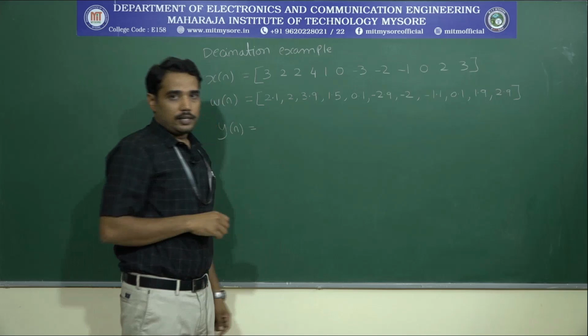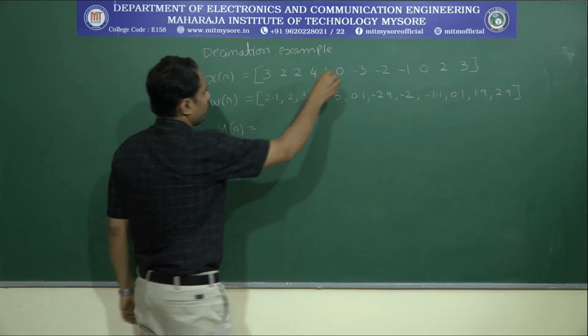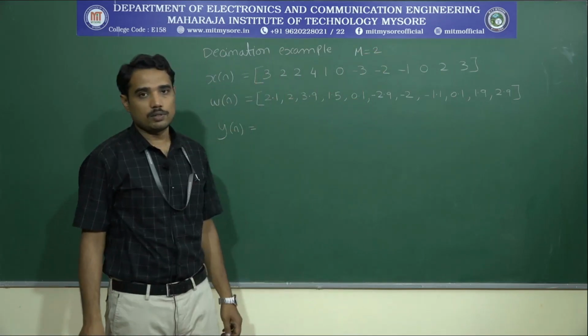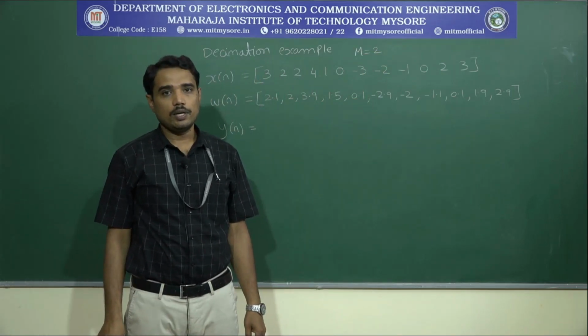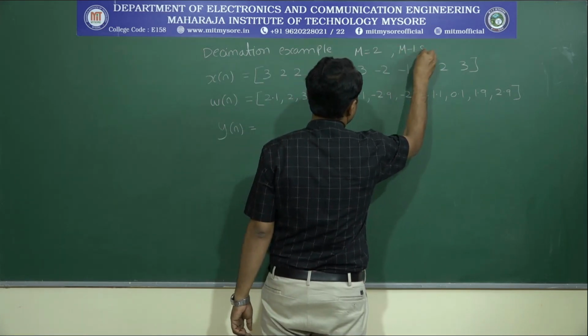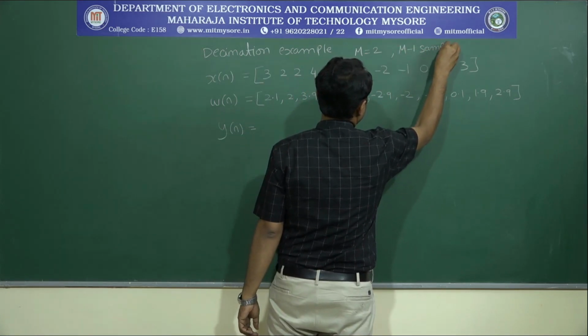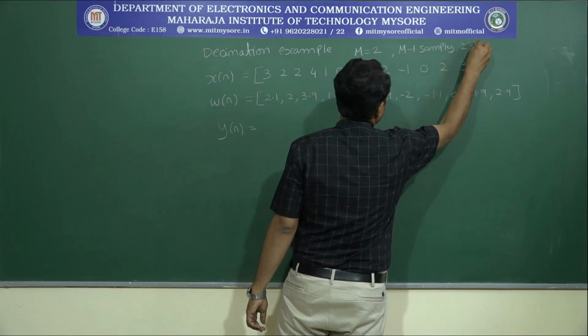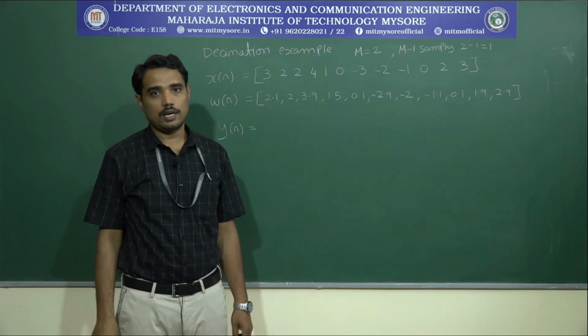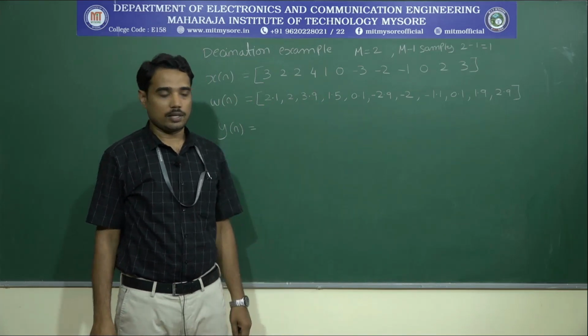Here the decimation factor M is given by M is equal to 2. For M is equal to 2, we have to drop M minus 1 samples, that means 2 minus 1, we have to drop 1 sample. Alternate samples have to be dropped.